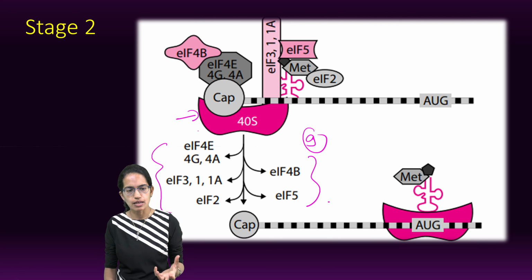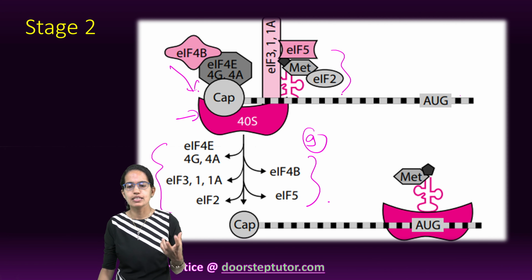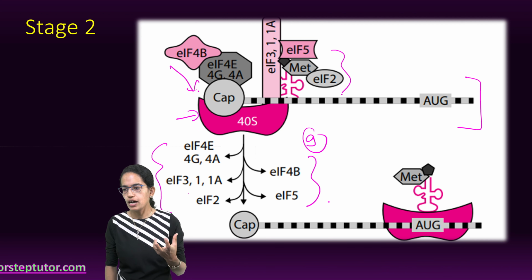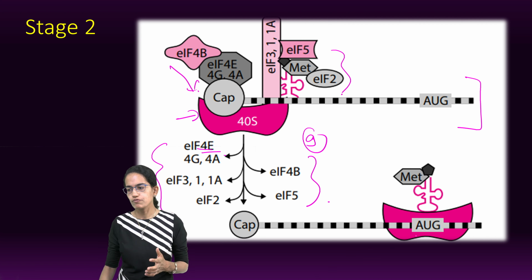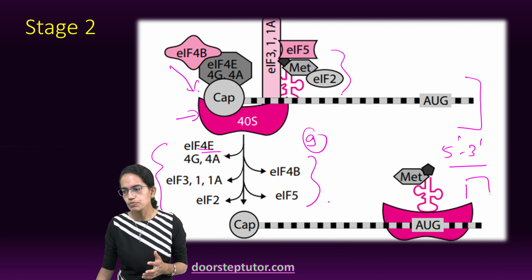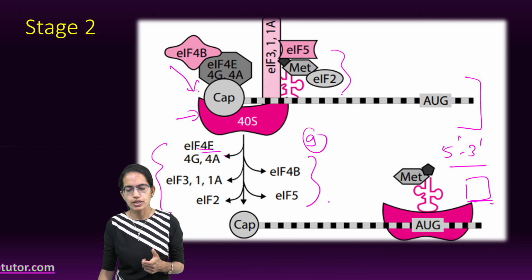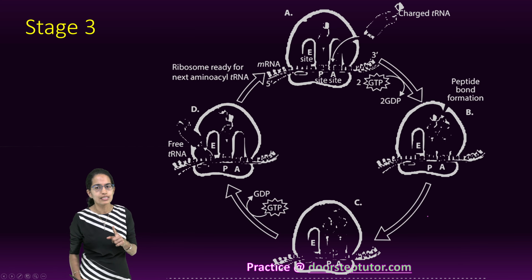Once the 40S subunit combines with these initiation factors, this is known as the pre-initiation complex, and then the eIF2 release takes place, and the complex moves around the 3' sequence, and finally there is a movement from 5' to 3', and the complex is positioned over the initiation codon, and the 60S ribosomal unit binds with the 40S unit to form the 80S ribosomal unit.